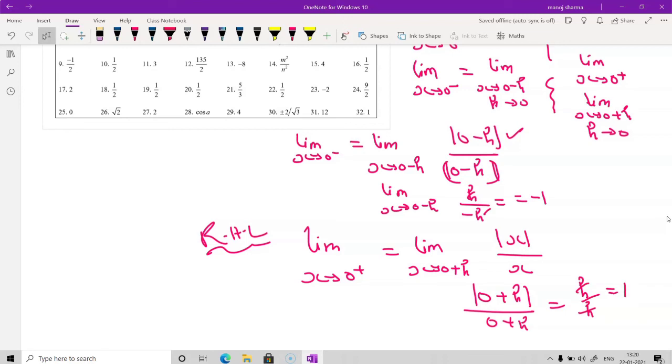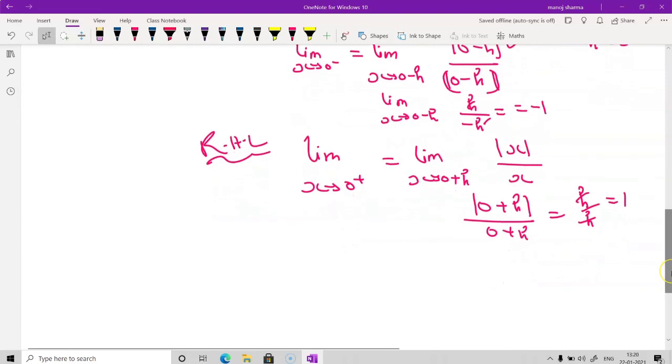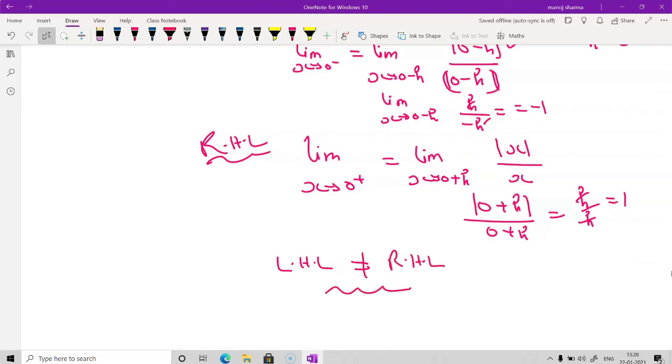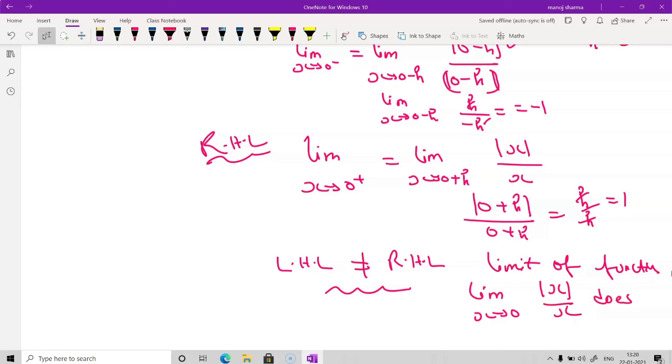Now this finally comes out to be 1. Now you can say that here the left-hand limit is not equal to the right-hand limit. So the limit of the function x tends to 0 of mod x upon x does not exist.